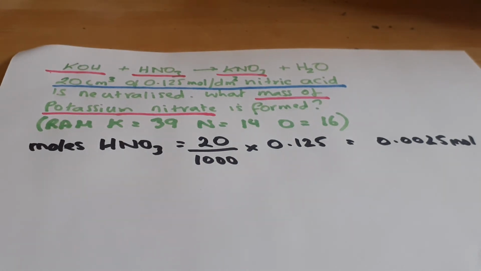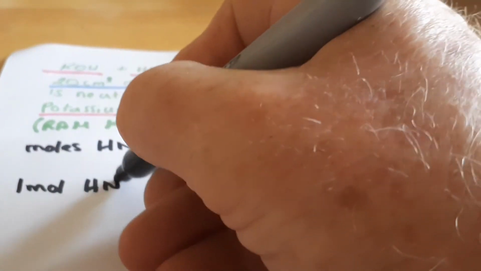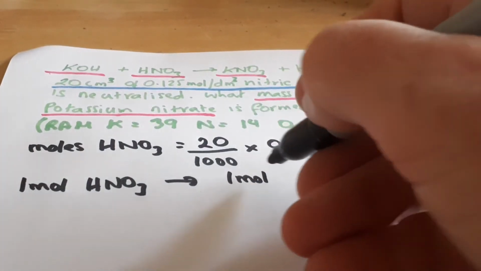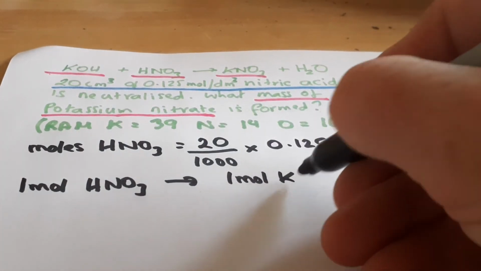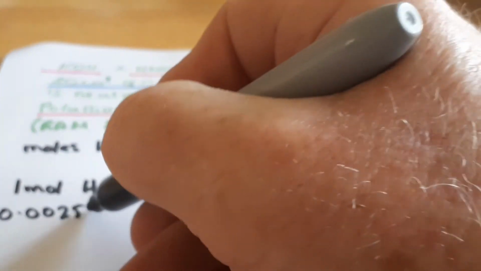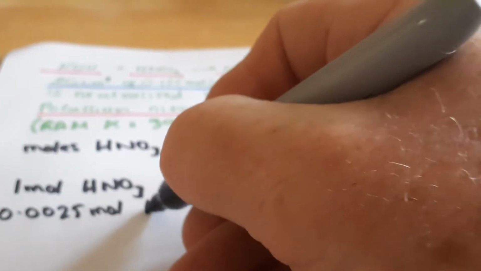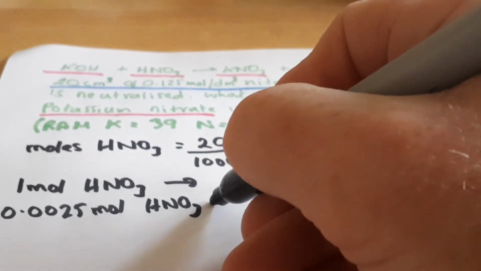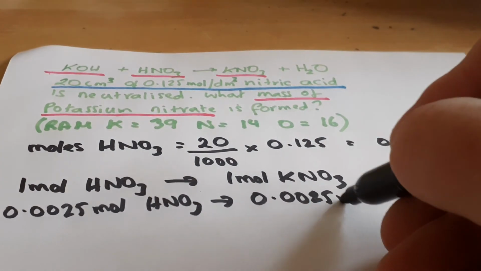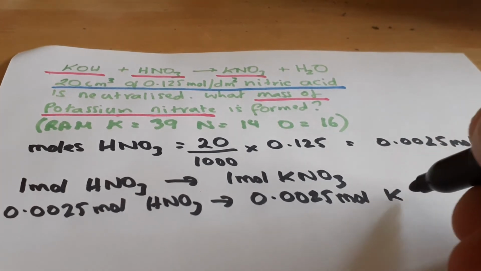So 1 mole HNO3 goes to 1 mole KNO3. But as we're using 0.0025 mole of HNO3, then we will form 0.0025 mole of potassium nitrate.